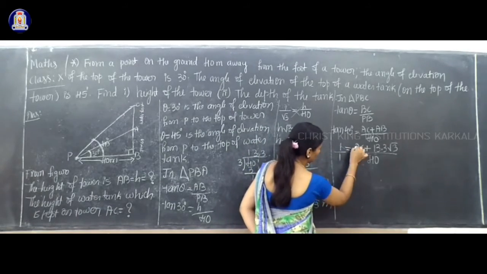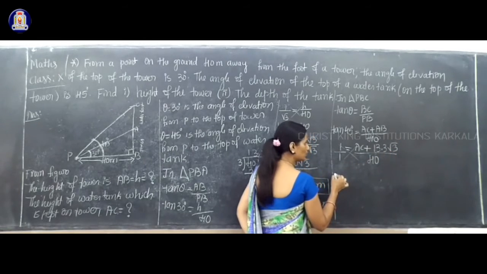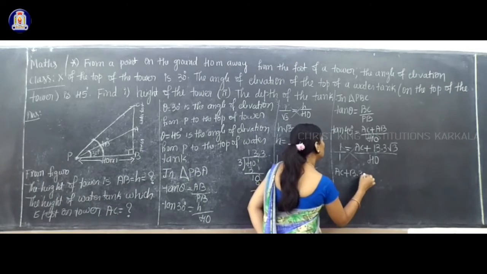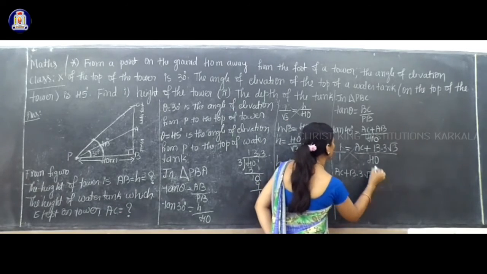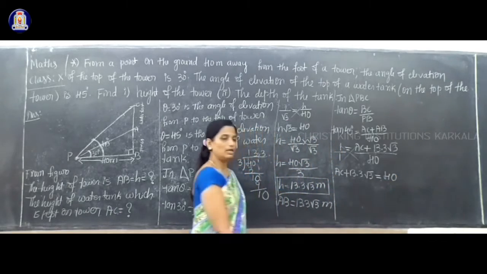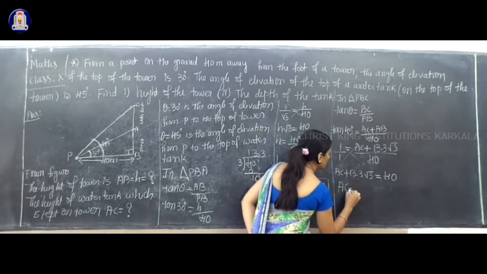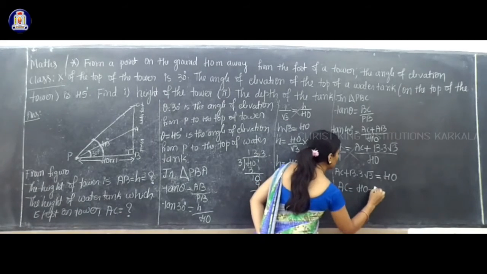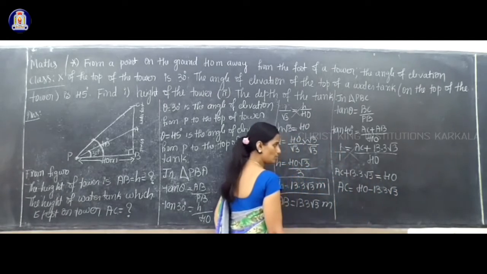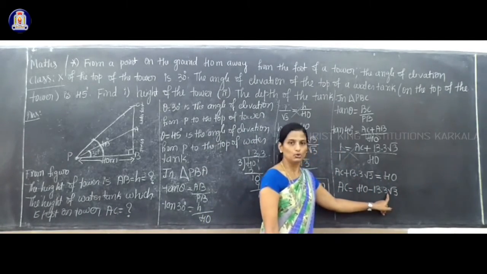So cross multiply: 1 into AC plus 13.3 root 3 is equal to 1 into 40. Therefore AC is equal to 40 minus 13.3 root 3. Correct now?